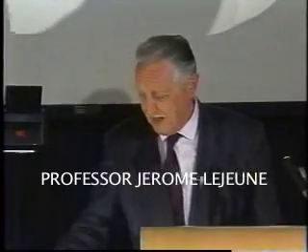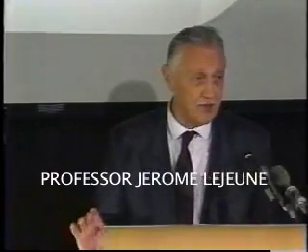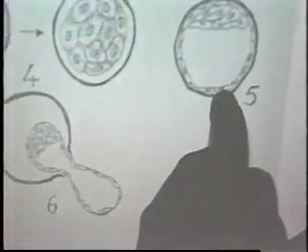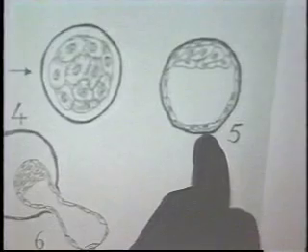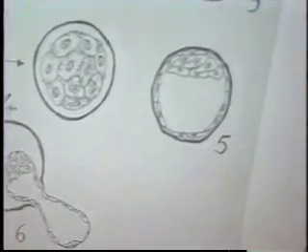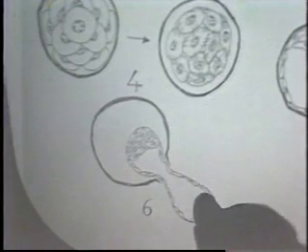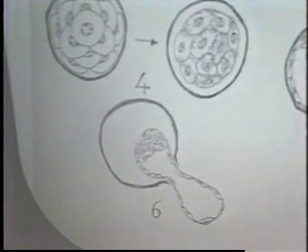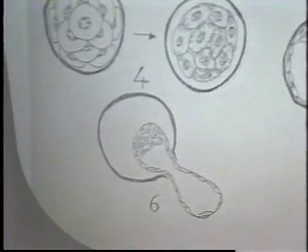At the end of another division, one of the cells shifts its metabolism and produces a substance which digests the shell, and the whole thing goes out exactly as if it was already an animal. The way it goes out is like an animal going out.